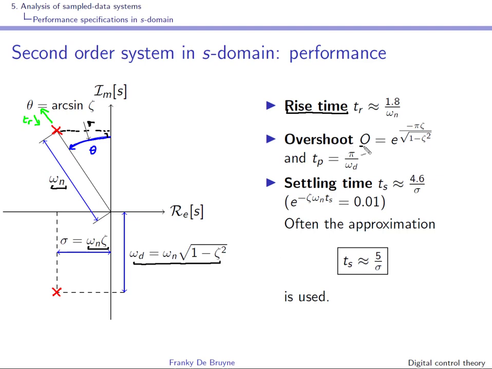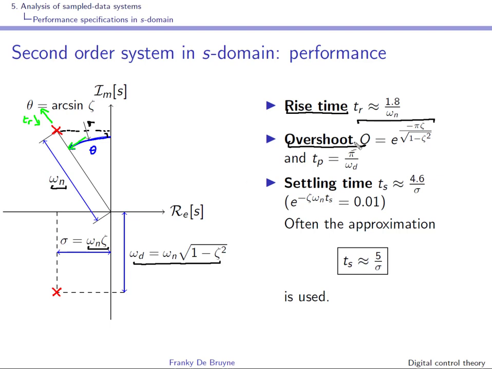If you look at the overshoot, the expression is given over here, and you can see that when theta is moving in this direction over here, so if you push this down, then zeta will become closer and closer to 1.